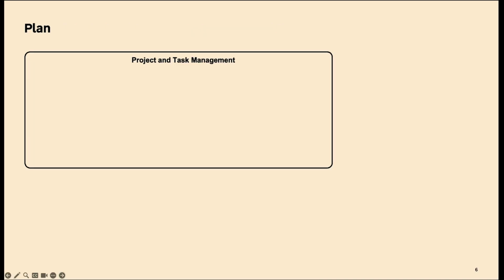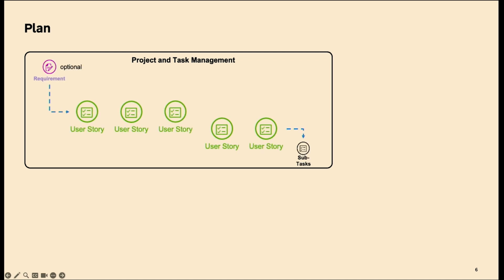So let's start with the planning phase. It starts in SAP Cloud ALM with building user stories, requirements, and subtasks. This is the project management part in SAP Cloud ALM.